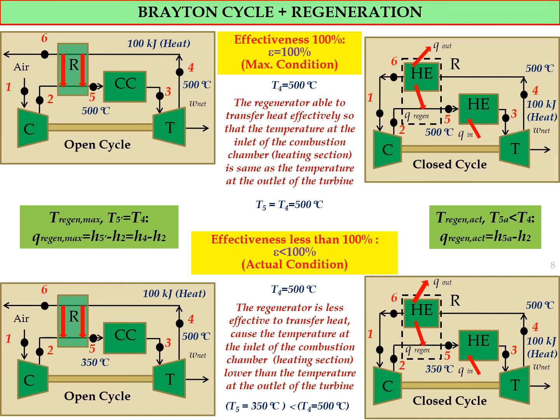However, in the actual condition, the temperature regeneration actual, T5 actual, is less than T4, and the Q regeneration actual is equal to H5 actual minus H2. So H here is the value of the enthalpy.